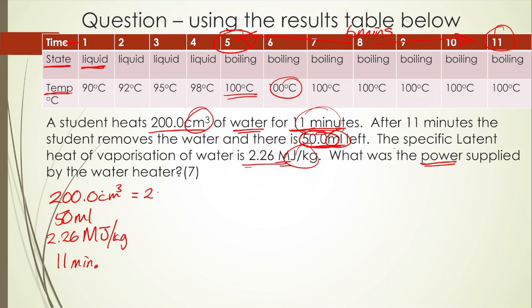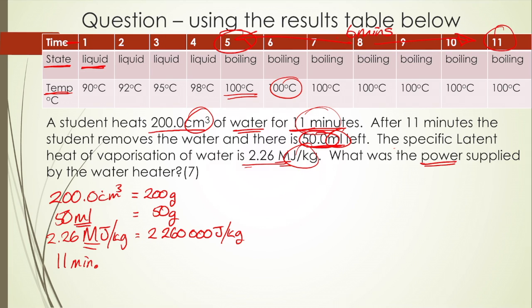So that is 200 grams of water, for 1 centimeter cubed is a gram. 1 centimeter cubed is 1 milliliter. So we have 50 grams. Mega is a million, so that is 2,260,000 joules per kilogram.